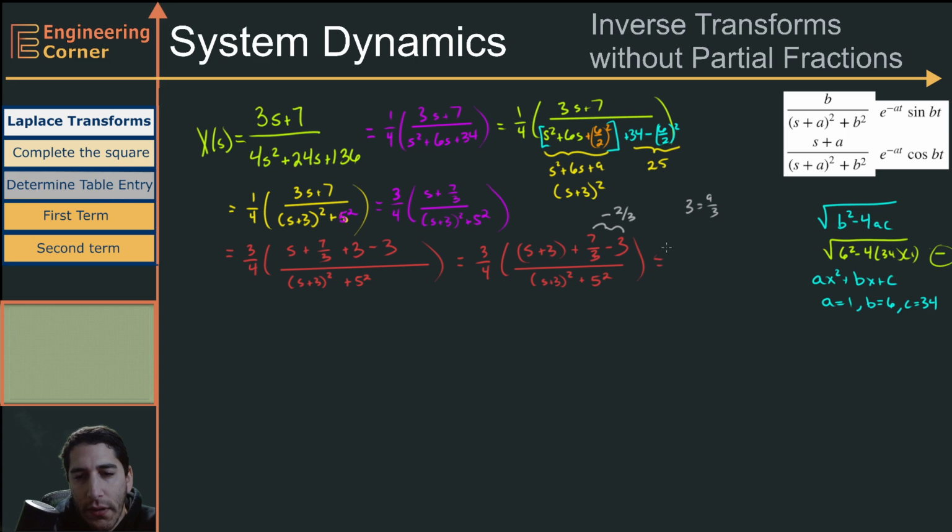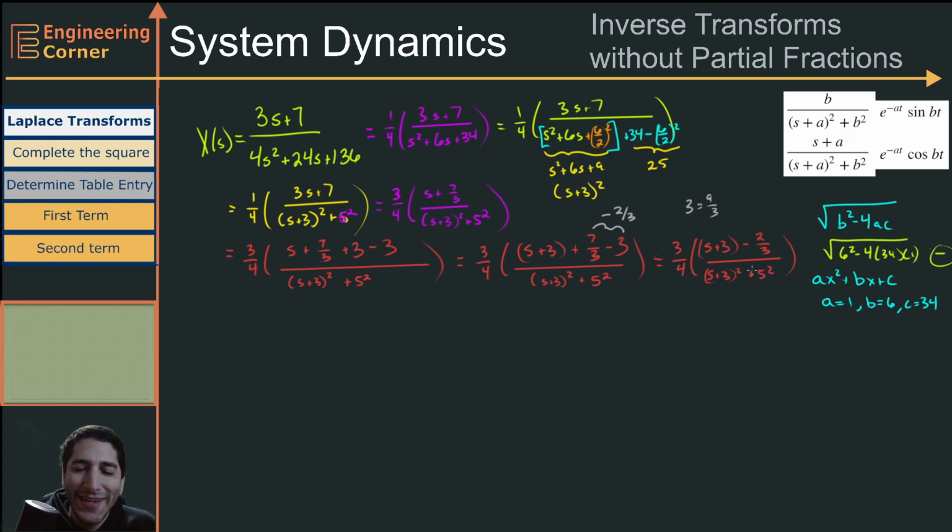So now let's rewrite this again. So 3/4 times s plus 3 minus 2/3 over s plus 3 squared plus 5 squared.